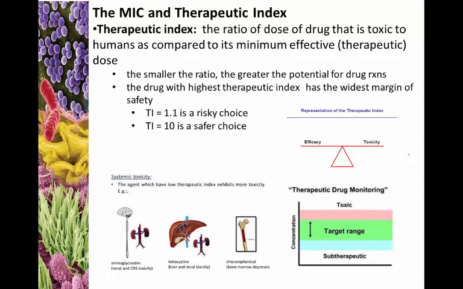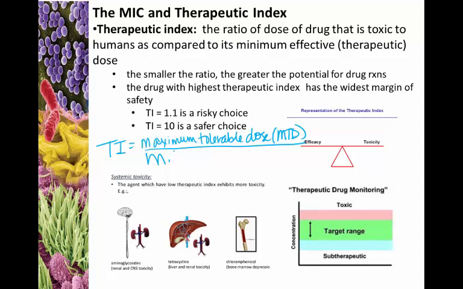The therapeutic index is calculated by taking the maximum tolerable dose, or what we call the MTD, and dividing it by the minimum inhibitory concentration.